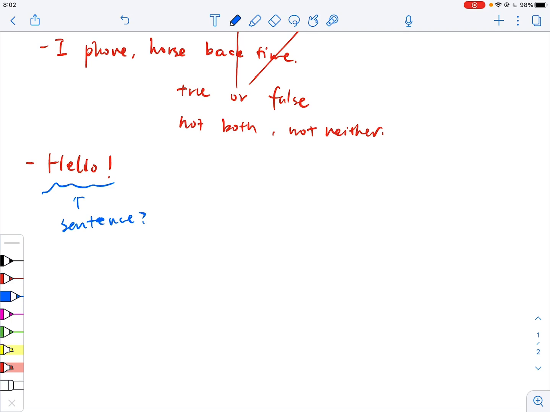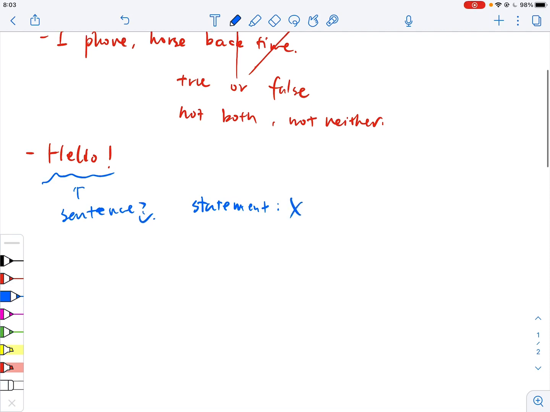So this is a sentence, but is it a statement? Can this be said to be true or false? No. It is not a statement because you can't say hello is false or hello is true.